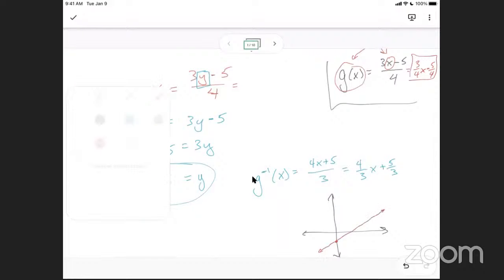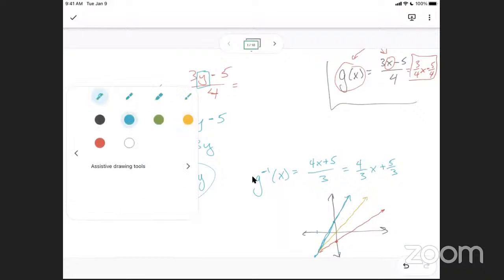And if I take this blue one, +5/3, which is up here somewhere, and 4/3, it goes up steeper. They're going to actually intersect at -5, -5. And those two points are a reflection over this line right here. I didn't draw that very good.